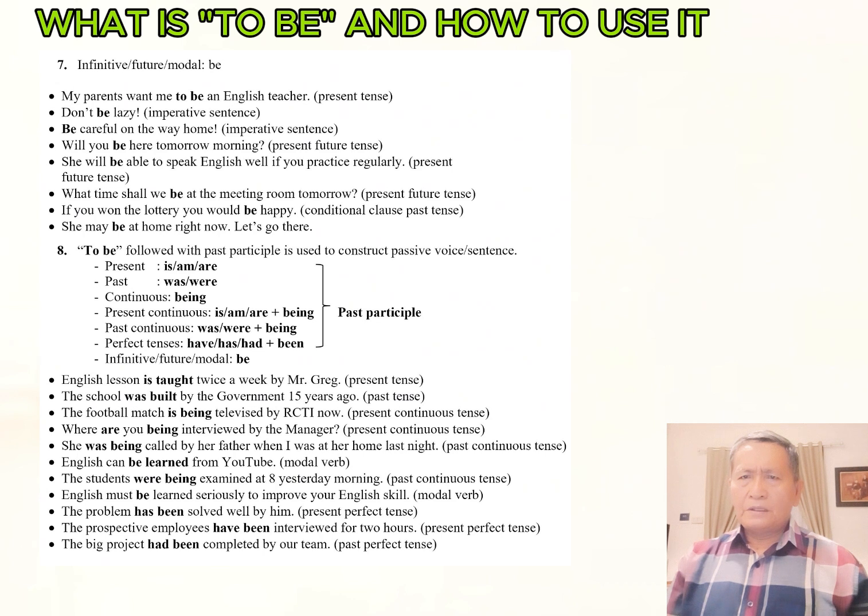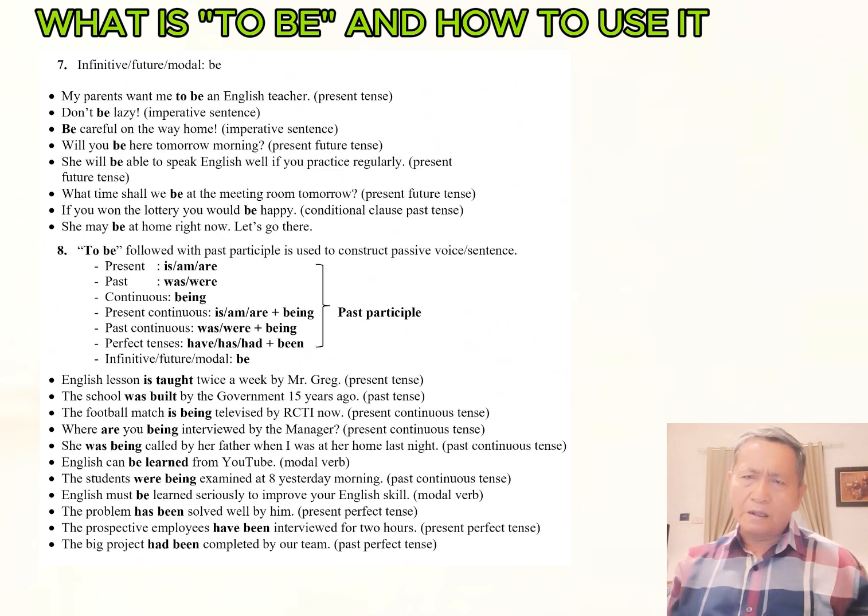To be in present continuous is am, is, are plus being. Past continuous: was or were plus being. Perfect tenses: have, has, or had plus been. Infinitive or future or modal: be.